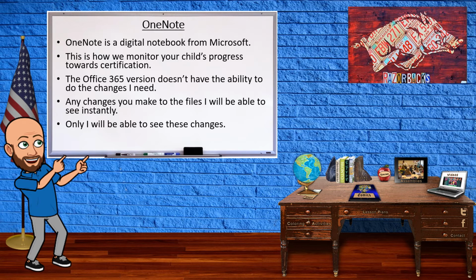All right, so with getting ready for these certifications, there is a program that I use. It's called Microsoft OneNote. It's free, and it's how I monitor your students' progress. At the beginning of the year, they took a diagnostic exam on our certification, and when they put their individual score in, it shows each individual student how much they need to gain each week to be able to hit that 90%. And then every week as we continue to train, it creates an individual line for them showing if they are maintaining what they need to be maintaining.